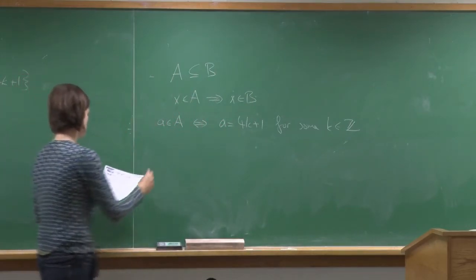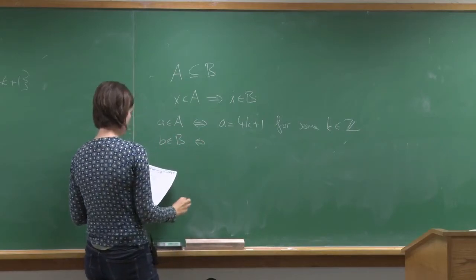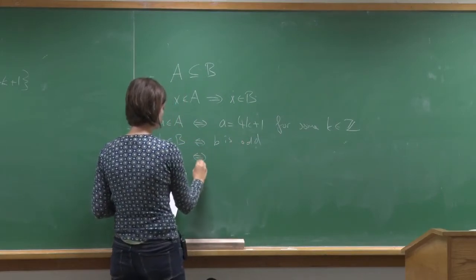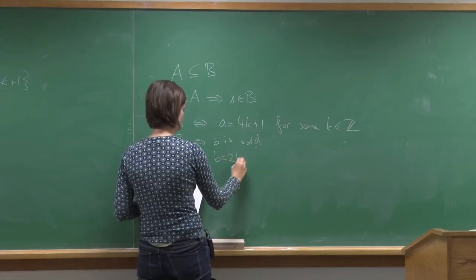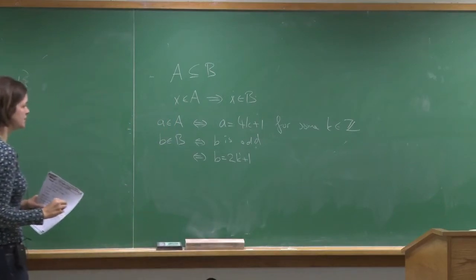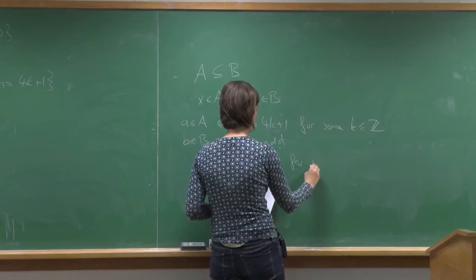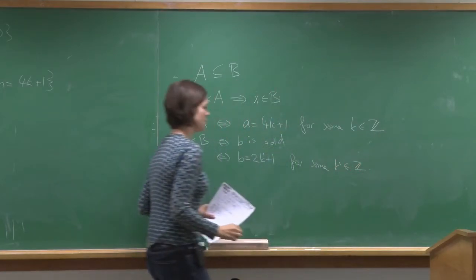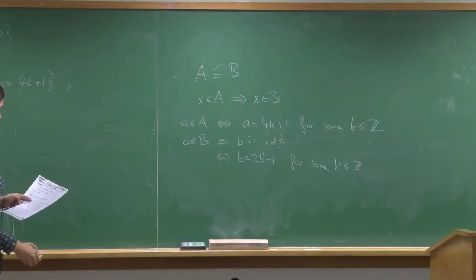And then by definition, if some element b is in B, then b is odd, but as I said, we can also write that as saying that b is equal to 2k prime plus 1. Let's call this k prime just to distinguish it from the previous k, for some integer k prime. Right, this is just going back to the definitions.